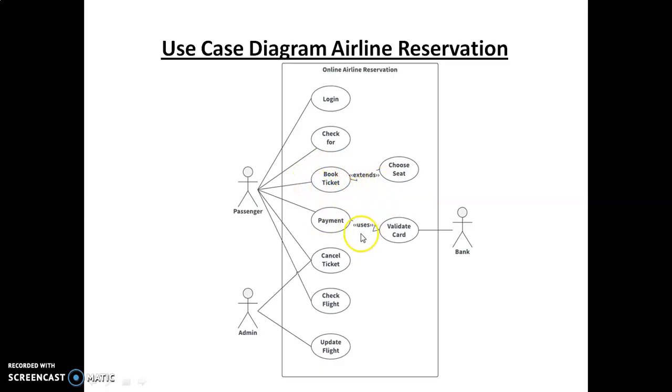Then after booking the ticket, next he has to make a payment. Whenever we click on the payment, we have to enter the card details. That means again it is directed to the bank. Okay, if the passenger has to cancel the ticket, he can cancel.